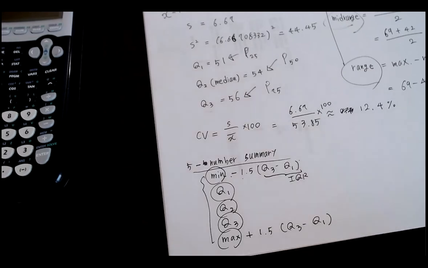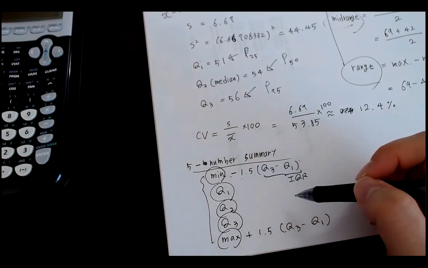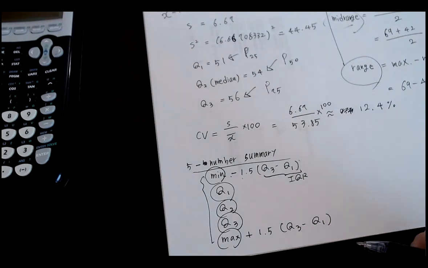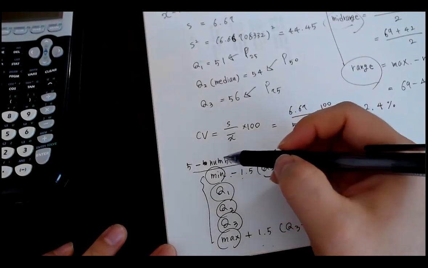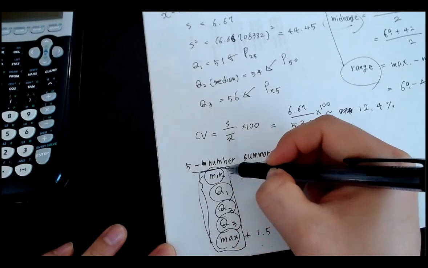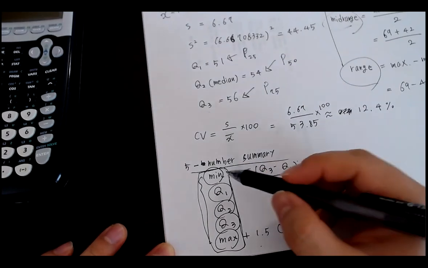If a given data value is less than the minimum minus 1.5 times IQR, then that value must be an outlier. Or if a given data value is greater than the maximum plus 1.5 times IQR, then that data value must be an outlier. Keep in mind the 5 number summary is just minimum, Q1, Q2, Q3, and maximum. But we already got all of them, right?